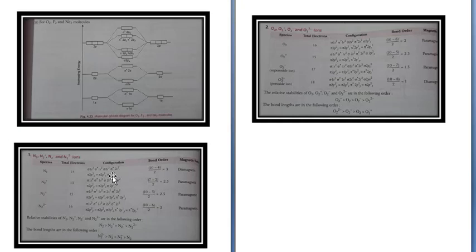So bond order is 10 minus 4 upon 2, which becomes 3. The magnetic nature becomes diamagnetic.